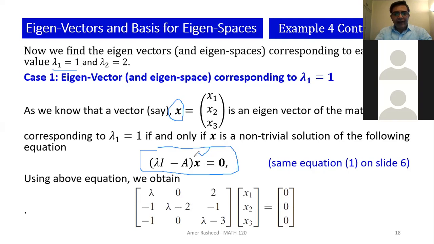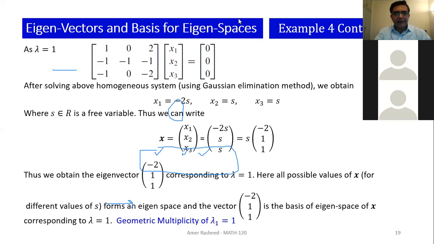We put the value of x, the value of A, and the value of lambda 1 is equal to 1 in this equation, and we get this one. This is the homogeneous linear system. After inserting lambda is equal to 1, we get this homogeneous linear system.